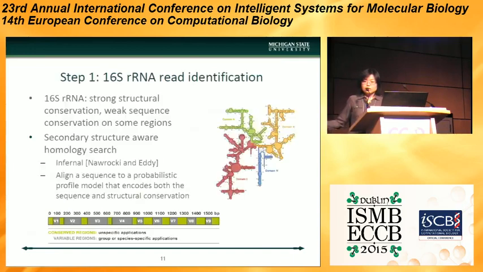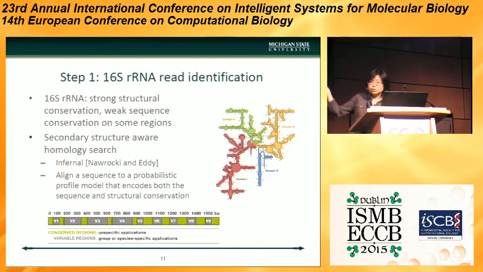First, we're going to recruit all the 16S ribosome RNA reads based on homology search. When you look at the structure, you can see some regions are highly variable, so they do not always have high sequence conservation. In order to do the homology search with higher sensitivity, we use this probabilistic profile model, which encodes both the sequence and the secondary structure conservation.